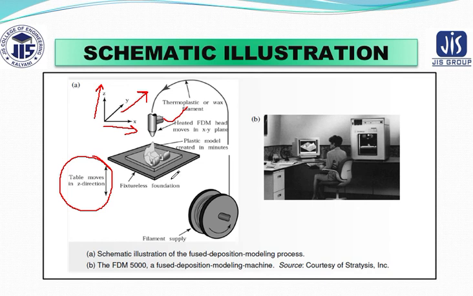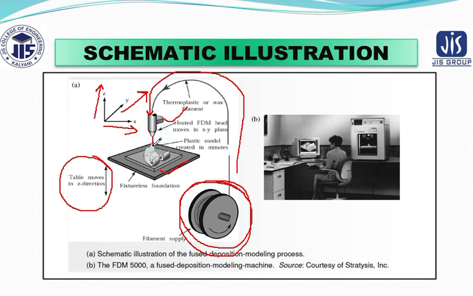And here you can see there is a fixture foundation. There is a filament supply with the help of the spool, and with the help of this particular extrusion head, it gets liquefied and it is getting deposited. You just see here it is getting deposited. This is basically a plastic model.